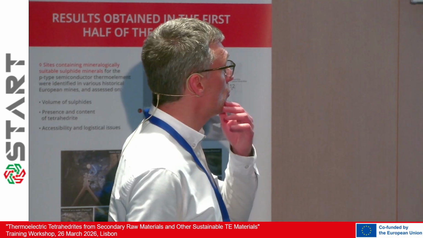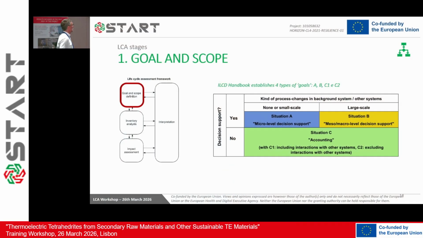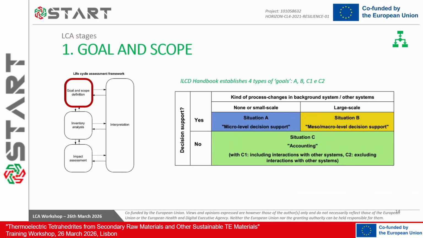So just to run through a bit on the stages. First of all, goal and scope. I know this may sound a bit complex, but the reality is that there are, within the LCA practitioners, different types of definitions of goal and scope, and so we should pay attention to these when defining the goal and scope.